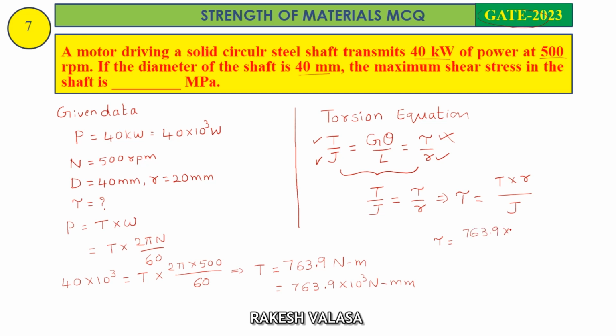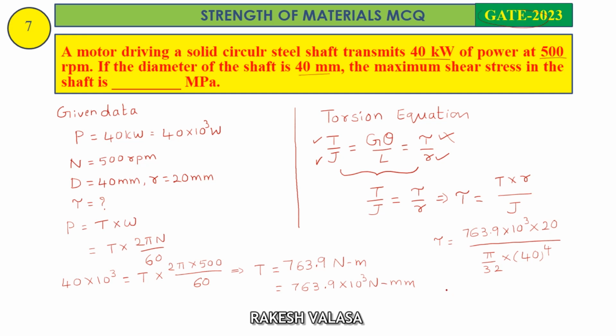So tau equal to torque, which is 763.9 into 10 power 3, into radius, which is 20 mm, by J. J is pi by 32, that is for a solid circular shaft, so pi by 32 into d power 4. Here the diameter is given as 40 mm, that is d power 4, 40 power 4.